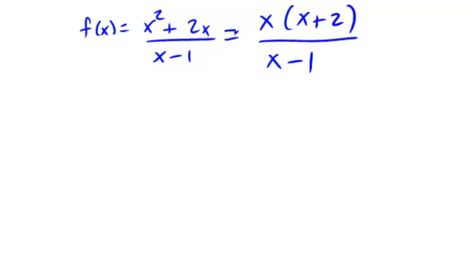So we're going to start with where the x-intercepts occur. They occur at, let's see here, the zeros of the numerator, x equals 0 and x equals negative 2.